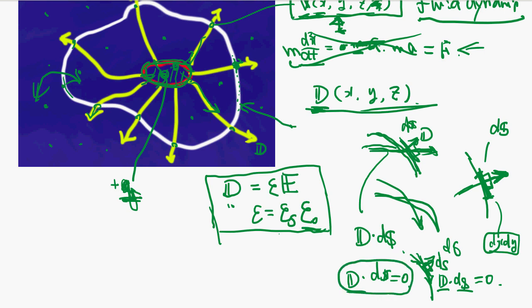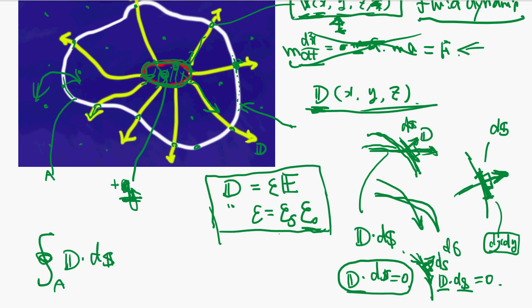So what we do is, this enclosed area is A, enclosed, this means enclosed. Then D dot dS, and this is going to be the total amount of D coming out from this enclosed area.